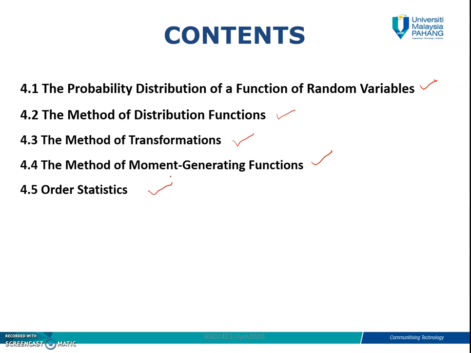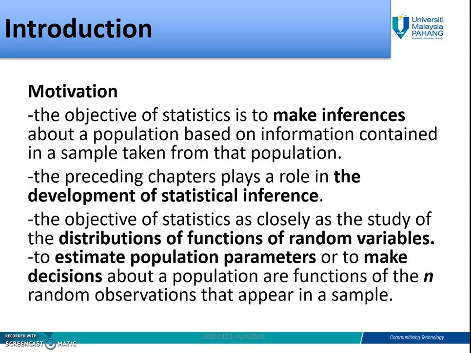All right, so introduction. So this is the motivation of why you learn this chapter. The objective of statistic is to make inference. If you remember in applied statistic, we also do hypothesis testing, or we also find confidence interval in order to make inferences. So similar for this one.